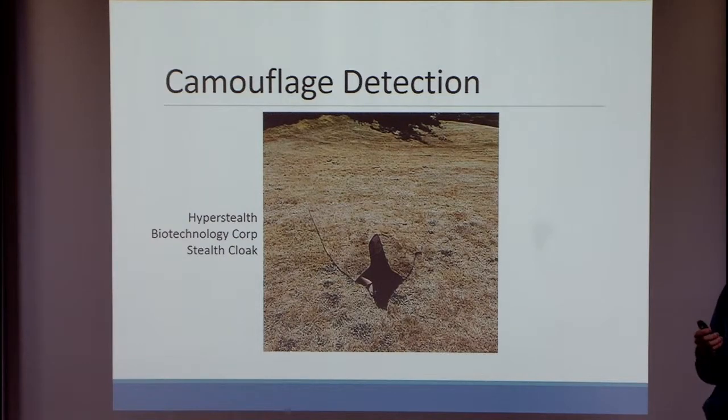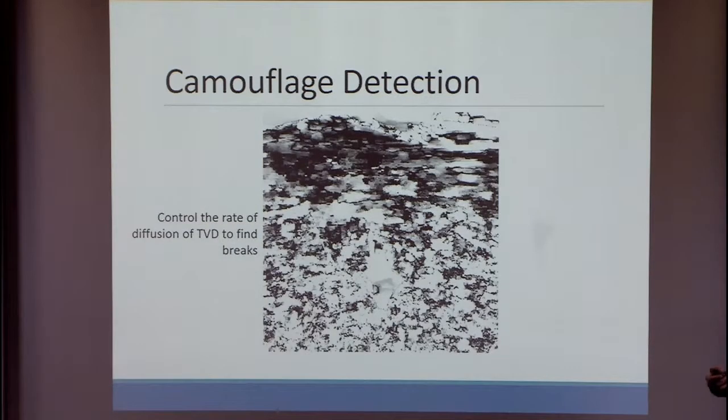Then the next one is camouflage detection. This was a picture by some US company that claimed they had some optical stealth technology. Actually, if you compute this picture it's a bit hard to understand. But what happens is that when you are solving the TV denoising, if you control the step sizes, you can find different scales of jumps.